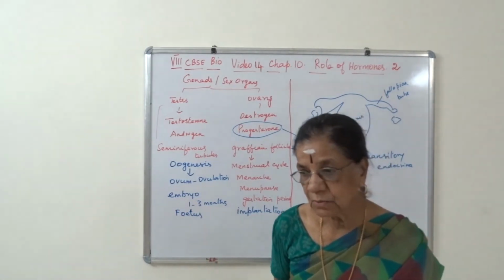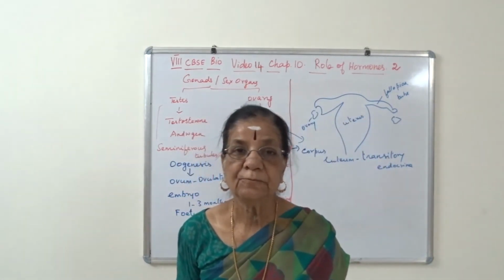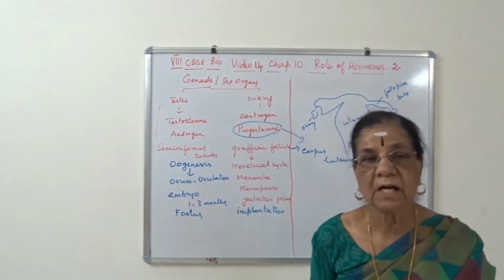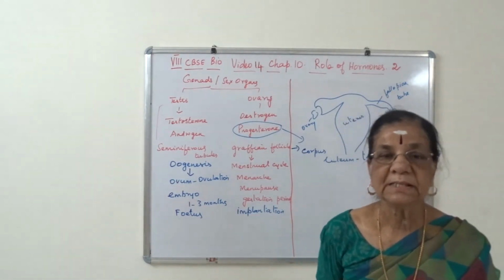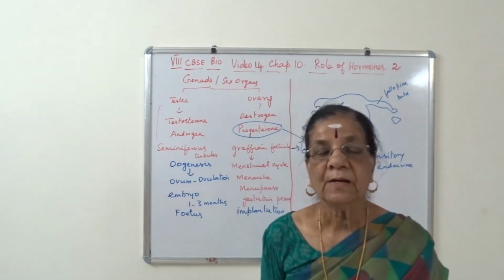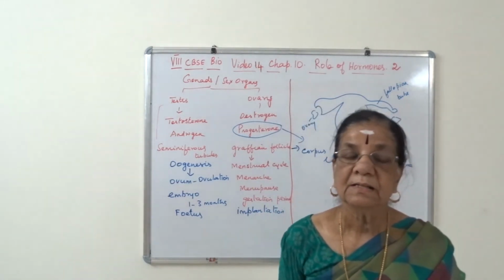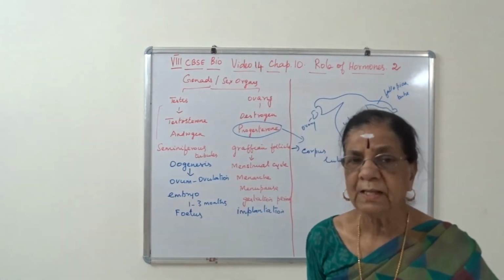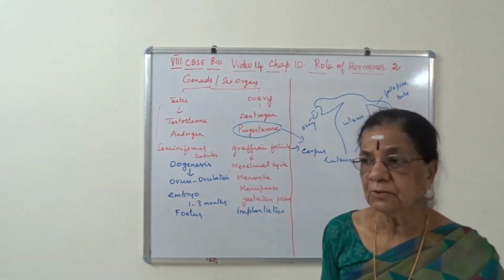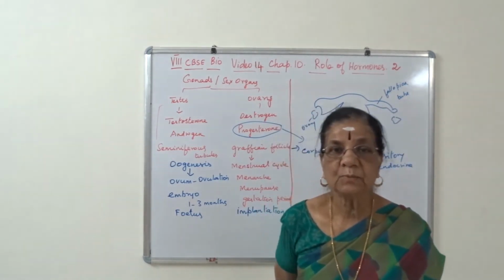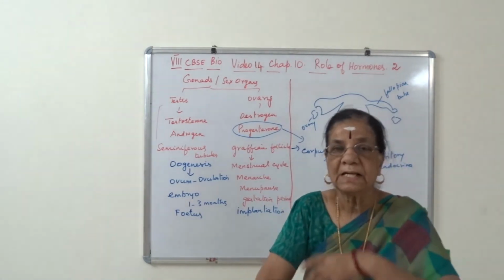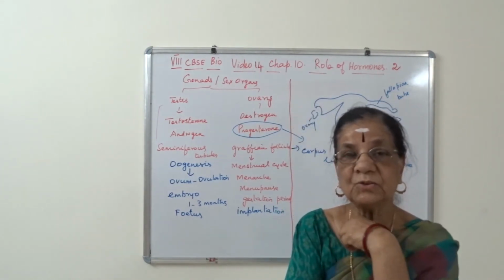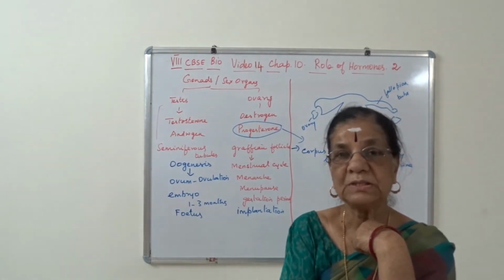So if menstrual cycle stops, the estrogen hormone secretion is also getting reduced, and then this female body will take the parathyroid hormone for calcium metabolism.